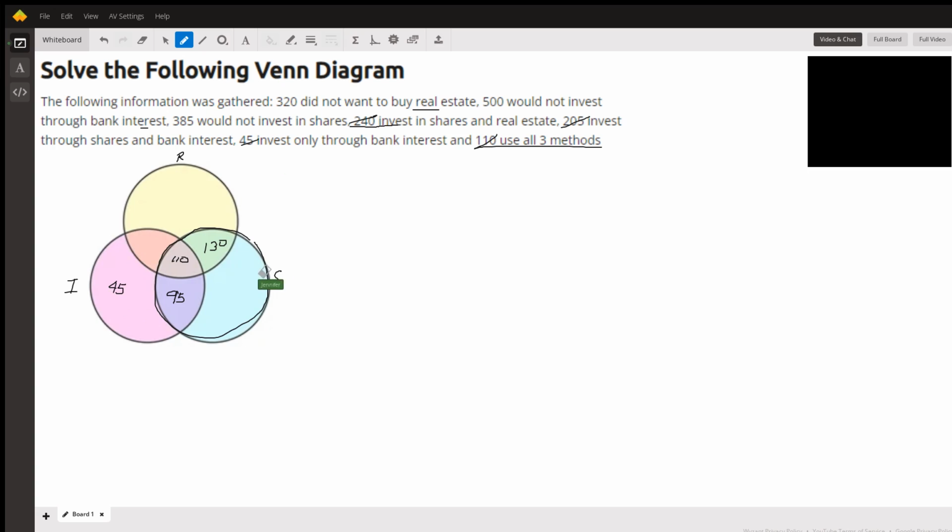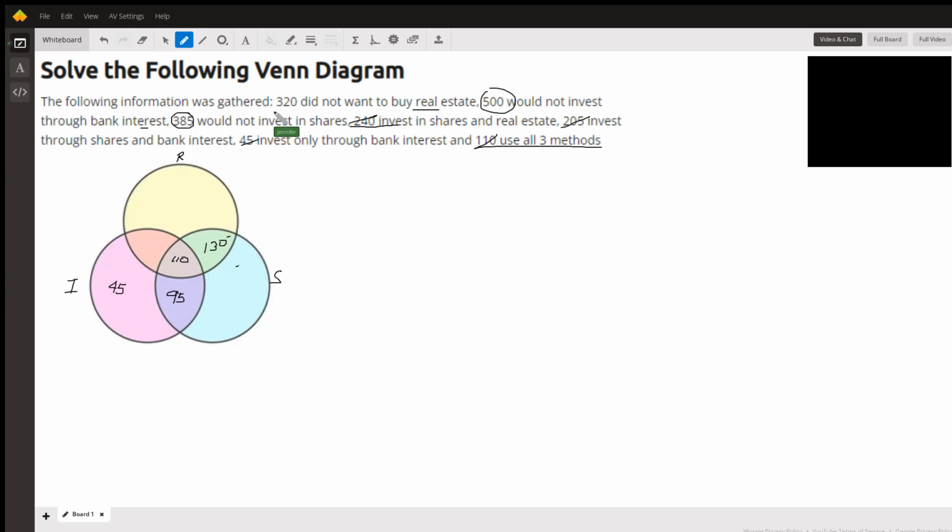You need to have at least two known values. So we're gonna go back to this later. Okay. Next is 500 would not invest in bank interest. So bank interest, not invest, so that would be this, that, and that. Again, you only have one number. So we can't really use that value at this point for now. All right, so I'm gonna go back to this.